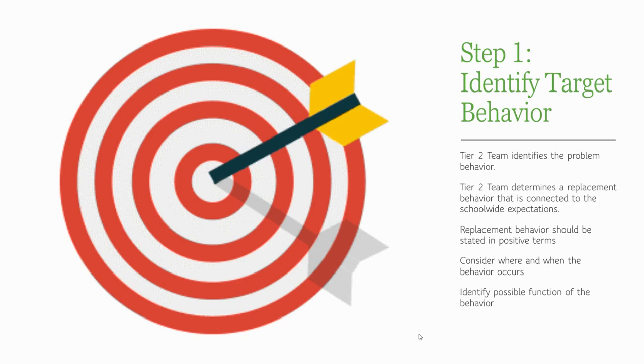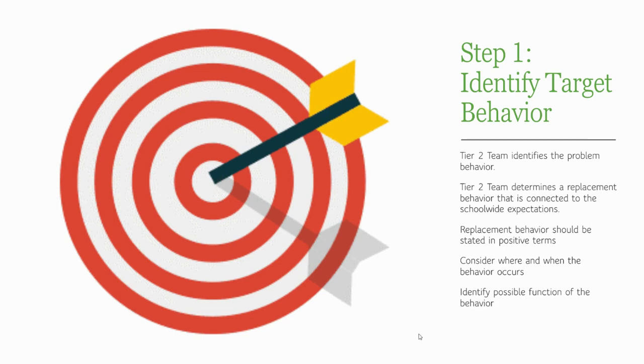So after the team has identified the problem behavior, the tier 2 team is going to determine a replacement behavior that should be aligned to those school-wide tier 1 expectations. That replacement behavior should always be stated in positive terms. That team is going to consider, as they are talking about the problem behavior, where does that behavior occur?